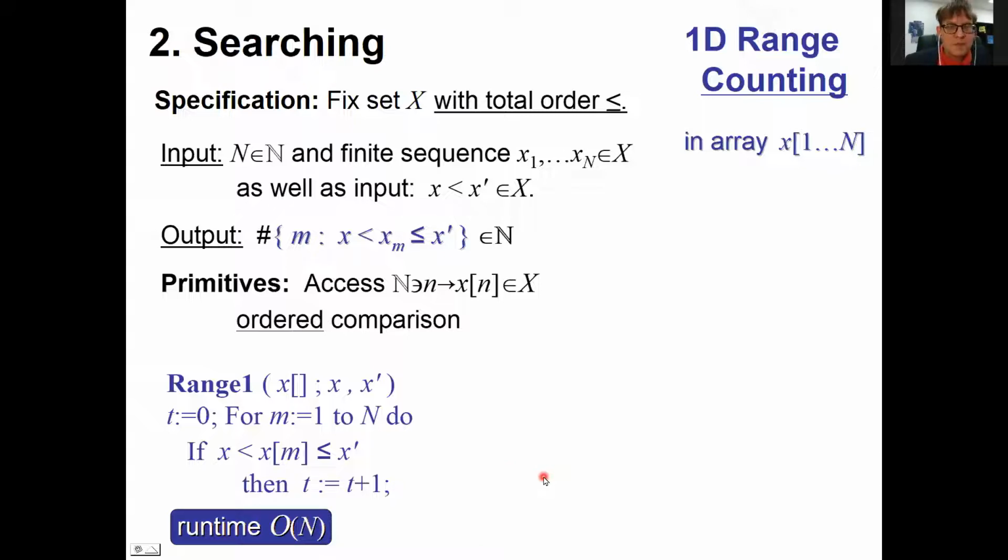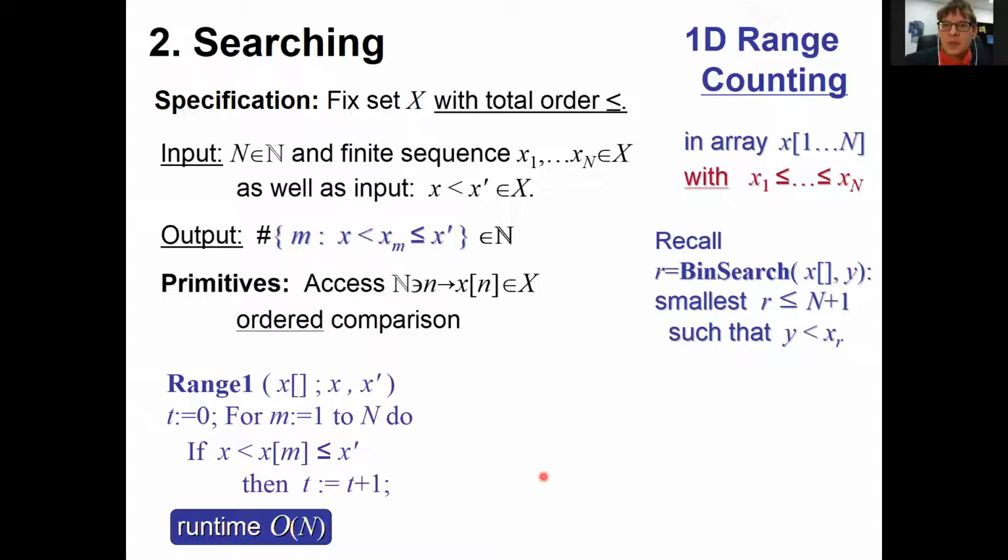But can we do better if we suppose that the array is sorted? Let's now add the additional hypothesis that the array is sorted. If it is sorted, then we can use binary search. We recall the specification of binary search: it returns an index, the position where y would or should be in the sorted array.